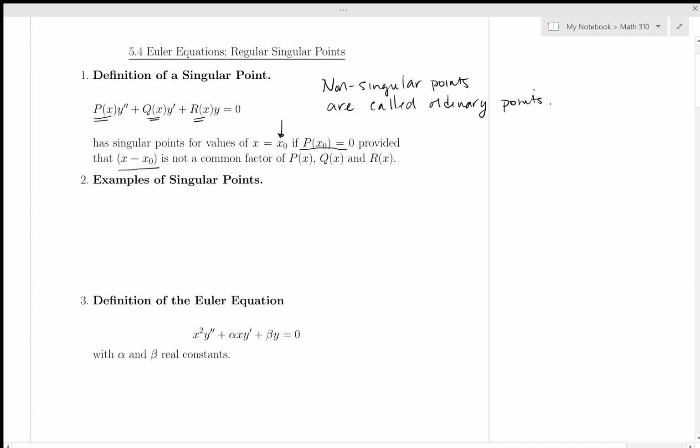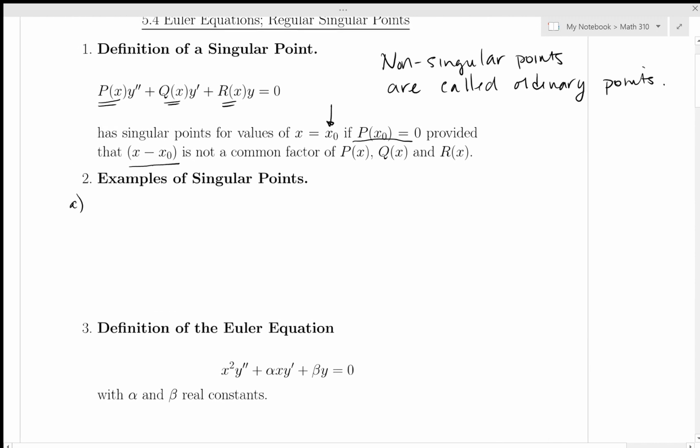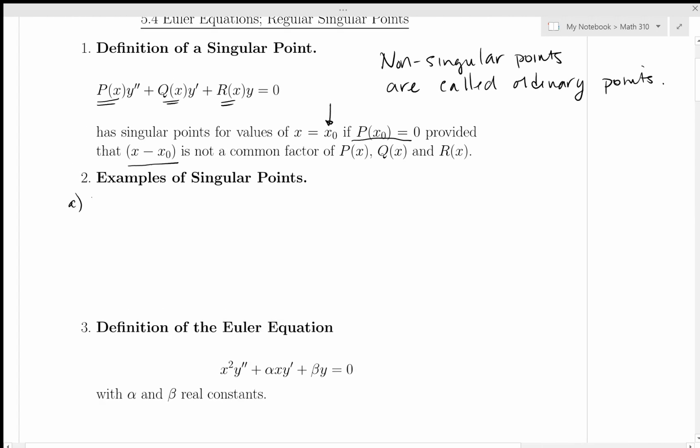Okay, let's get some examples of some differential equations and identify the singular points. So here's a differential equation: 1 minus x squared y double prime minus 2x y prime plus y equals 0.